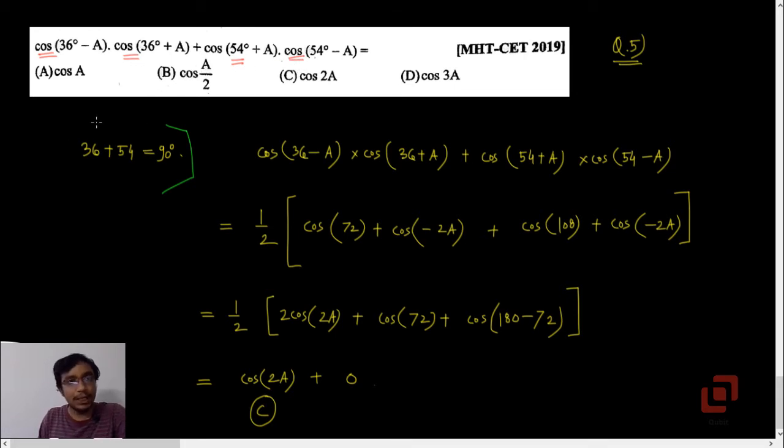Okay, so please note that here we have got two angles which are complementary, that is their addition is 90, 36 and 54. Okay, so what I have done is I have used product to sum formulas.